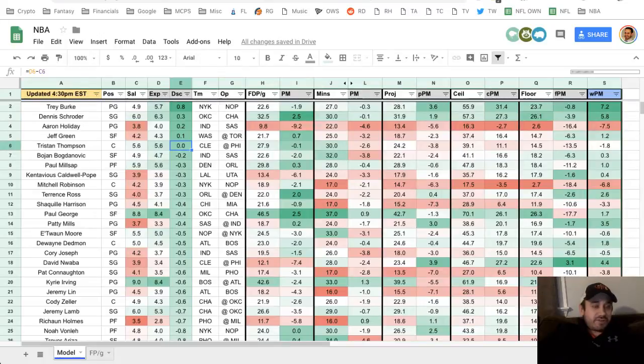Trey Burke, Dennis Schroeder, Aaron Holiday, Jeff Green, and then Tristan Thompson's right on track there. Bojan Bogdanovic is right behind, as is Millsap, KCP, Mitchell Robinson, Terrence Ross, etc. That just really shows you how great Trey Burke has been lately and how cheap he is.